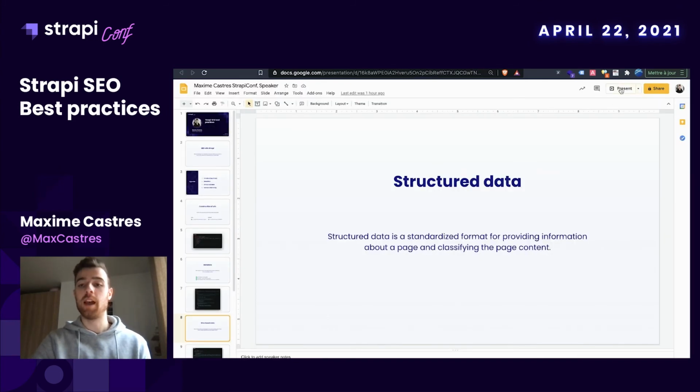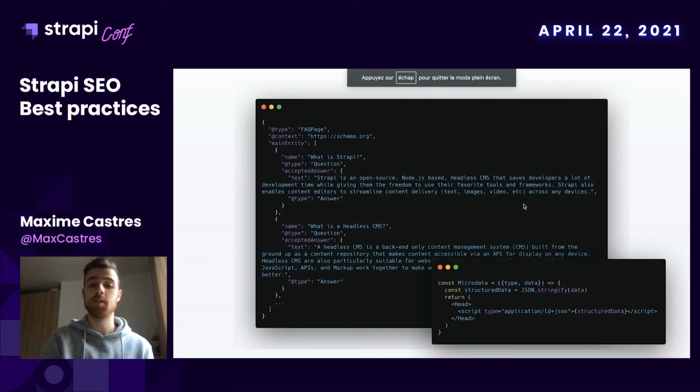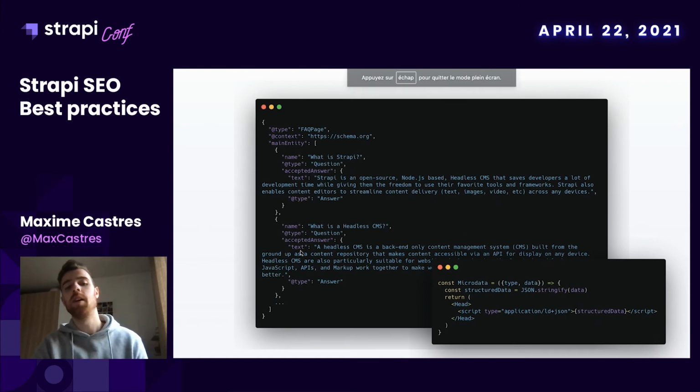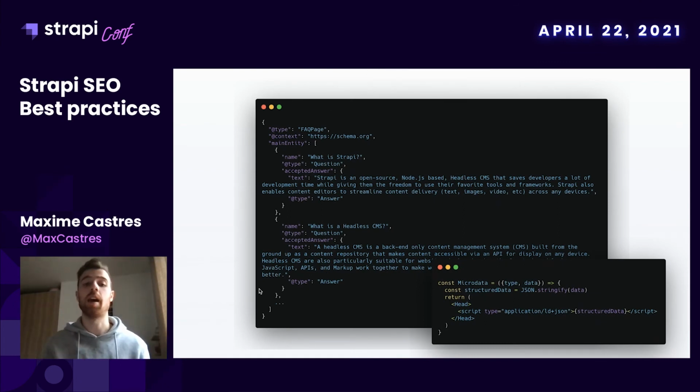So what you can have then on the front end is something like that. Here, this is an example of the structured data you can have, which here is a FAQ example. And then you can have, using React, a microdata component that will take this JSON and render the script tag in the head tags of your HTML with the structured data.